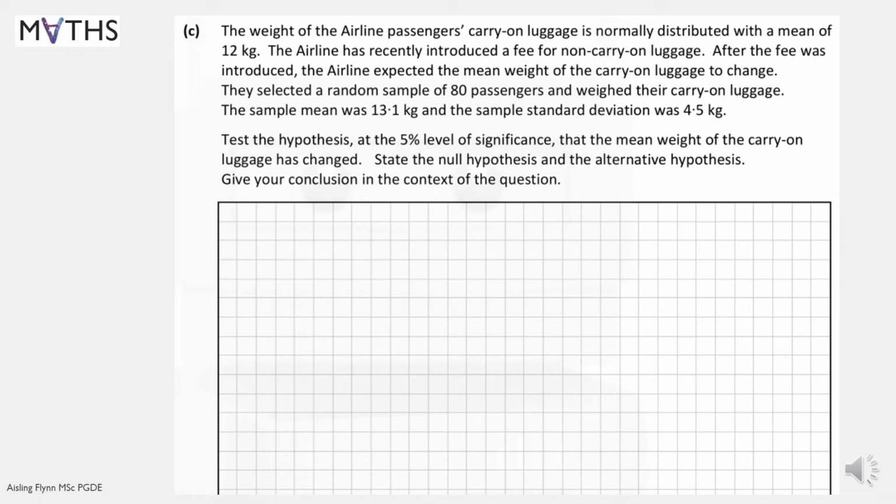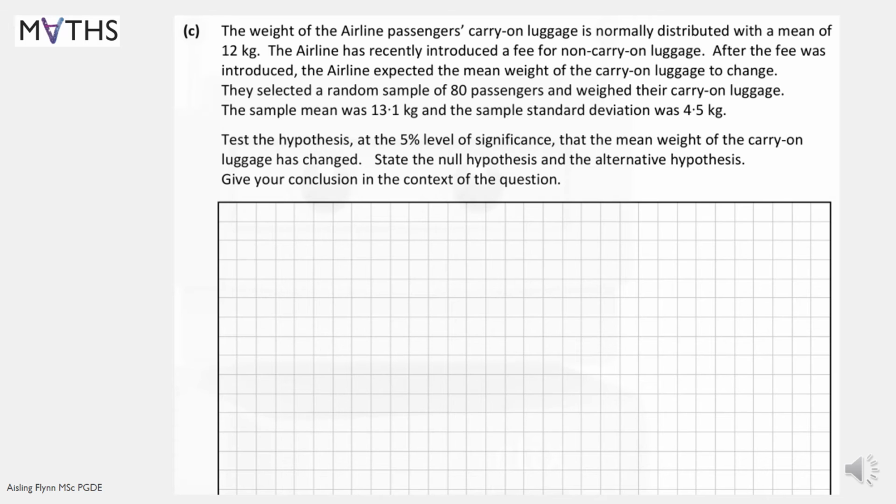The sample mean was 13.1 kilograms and the sample standard deviation was 4.5 kilograms. Test the hypothesis at 5% level of significance that the mean weight of the carry-on luggage has changed. State the null hypothesis and the alternative hypothesis and give your conclusion in the context of the question.